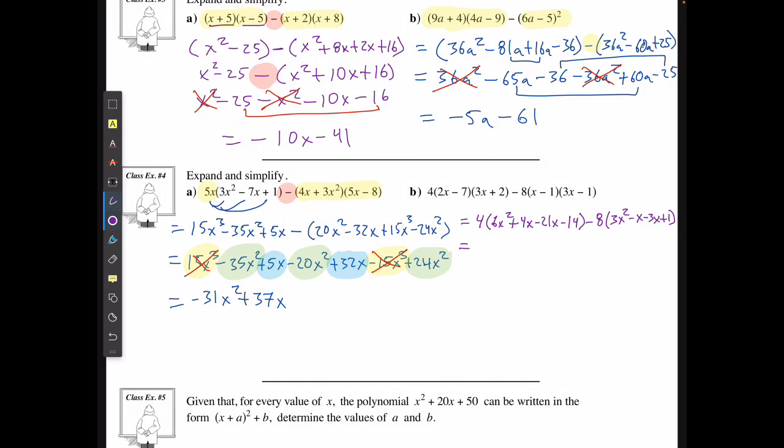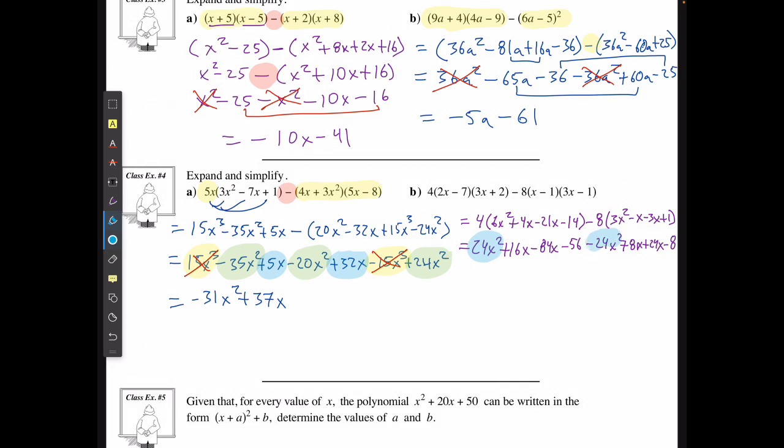When I expand this out, I get 24x squared plus 16x minus 84x minus 56 minus 24x squared plus 8x plus 24x minus 8. And then it's a matter of doing the same process.